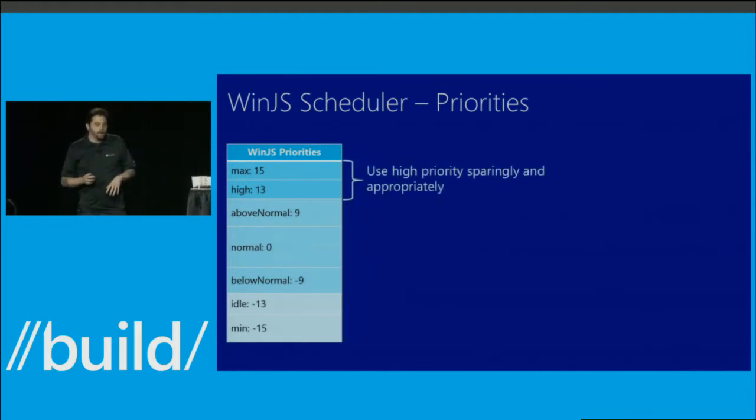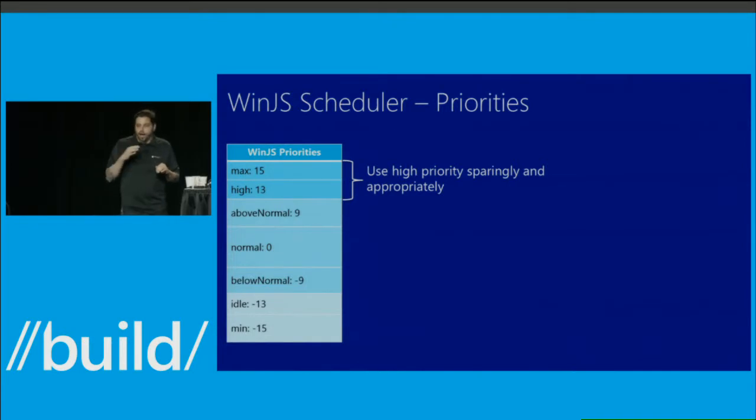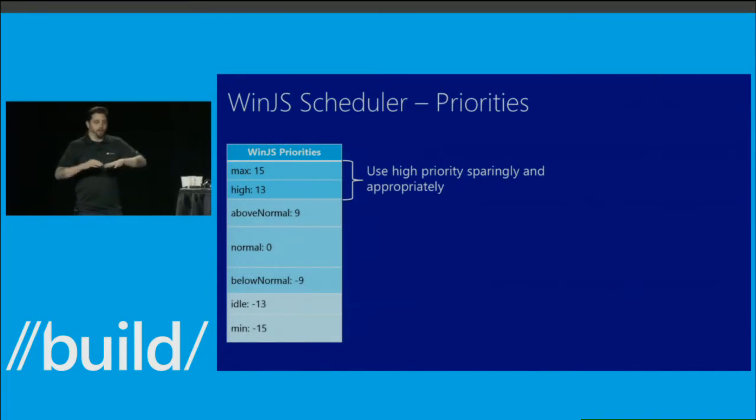Let's think about that RSS reader app that we're building. We have this big high priority bucket, and our recommendation is to use this sparingly and appropriately. What we mean by that is that this priority can actually block layout from happening in the HTML platform. So if you run a ton of high priority tasks, you're going to be blocking layout, and your app is going to be less responsive than you wanted it to be.